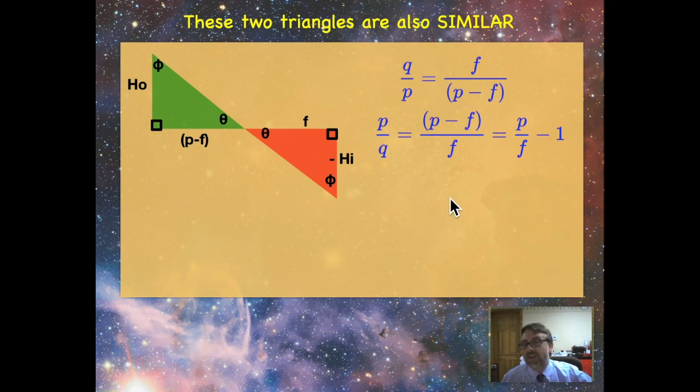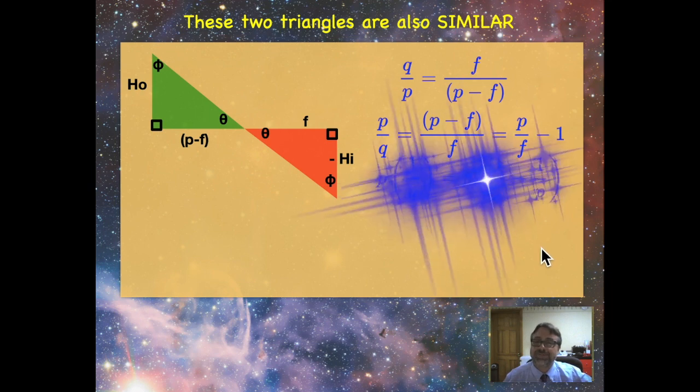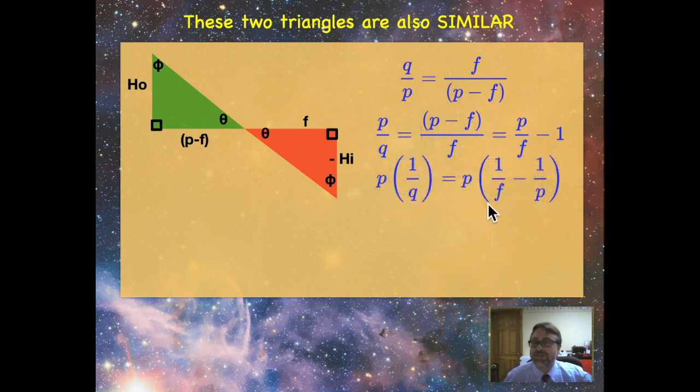Then I note that I can split up this parentheses by taking P over F minus F over F. Well, that would be P over F minus 1. Okay. Well, what do I do next? Well, it's not clear why, but what I'm going to do is factor a P out of both sides.